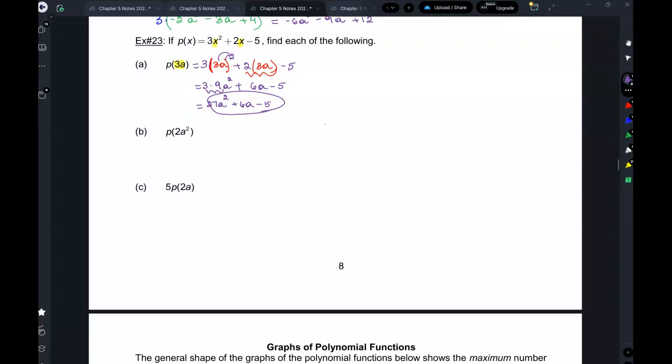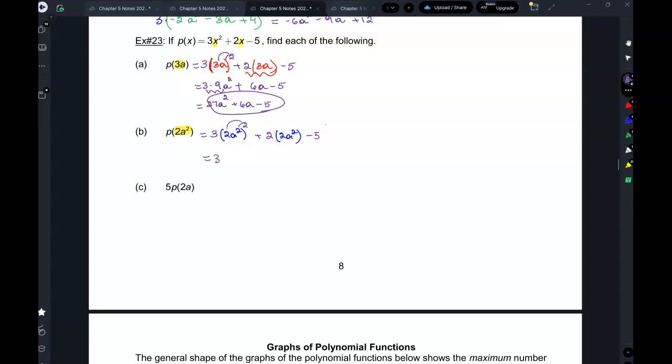I see. Okay, so here now I have p of 2a squared. So now I'm going to put in 2a squared for each of the highlighted x's. So this is going to be 3 times 2a squared, squared, plus 2 times 2a squared minus 5. Now, this square belongs to both of them.